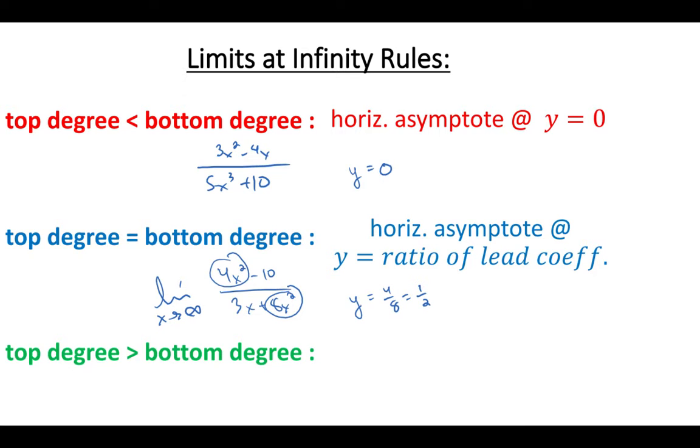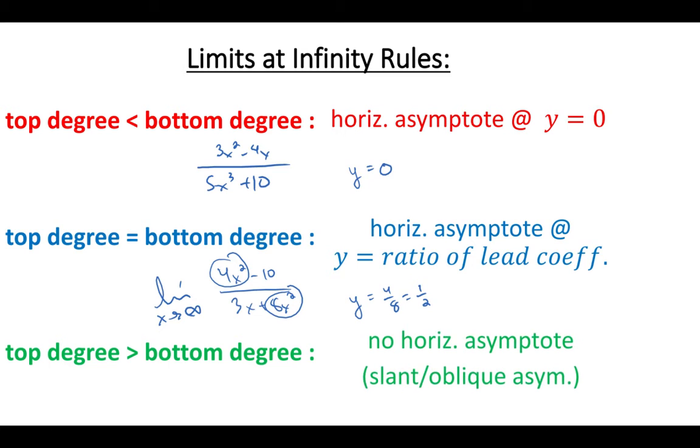For all of these, if the top degree is bigger, if you remember the limit at infinity rule was, if the top was bigger than the bottom, then it was either going to be negative or positive infinity, right? That was always the answer. You had to plug in and figure out what it is. Well, based on that definition we just had, if it's either positive or negative infinity, that means there's no horizontal asymptote.